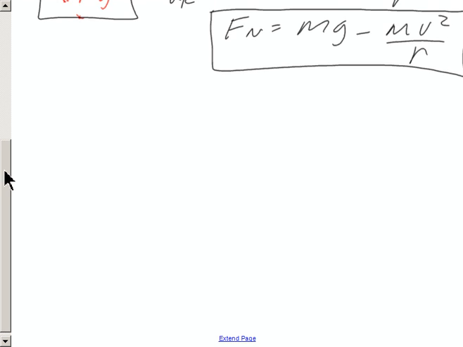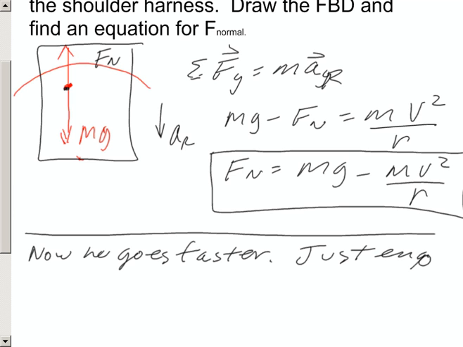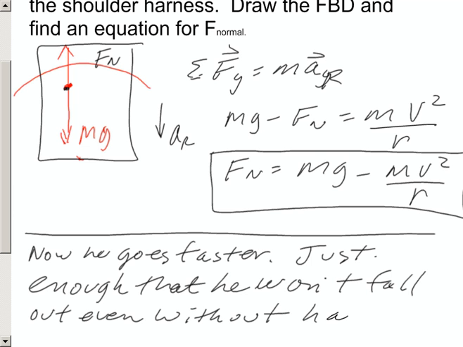In this case, what we're going to do is have him go faster, just enough that he won't fall out, even without a harness.